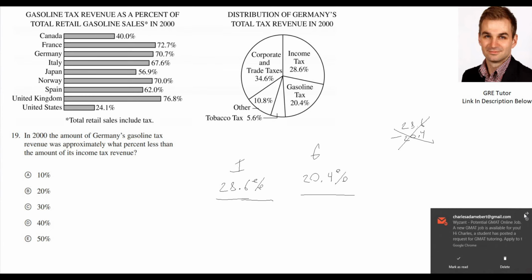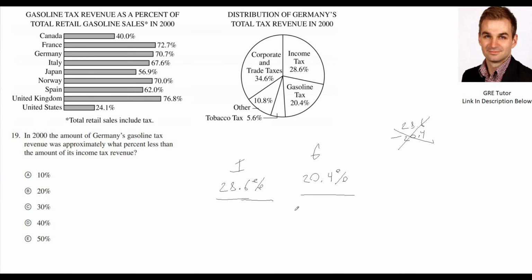So if you assume that 28.6% is your whole pie, how much of 28.6% is 20.4%? That's what they're asking for. They're saying that income tax is this, 28.6, and this is 20.4.